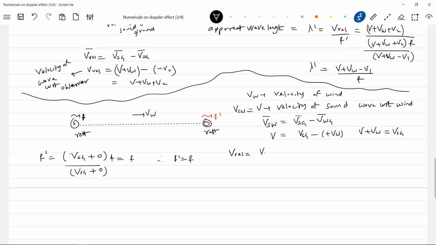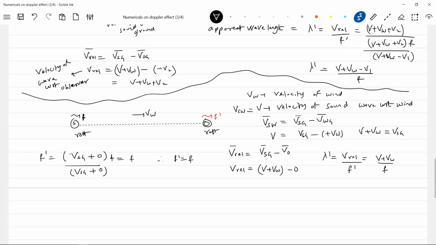Velocity of sound wave with respect to ground minus velocity of observer. Velocity of sound with respect to ground is how much? V plus VW. Velocity of observer, it is at rest. Then lambda dash is equal to the speed of the wave with respect to observer by apparent frequency. What is V relative? V plus VW. But what is F dash? It is F.